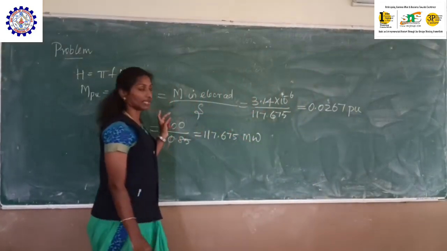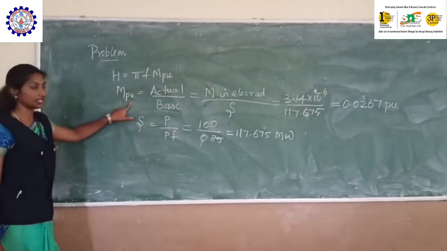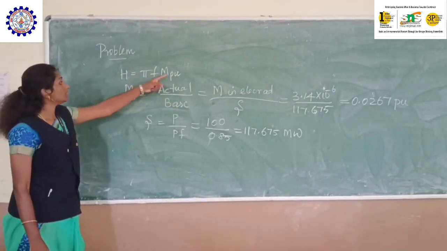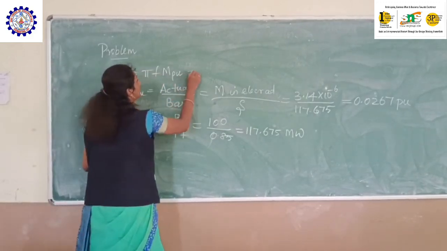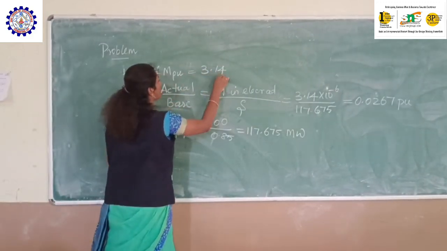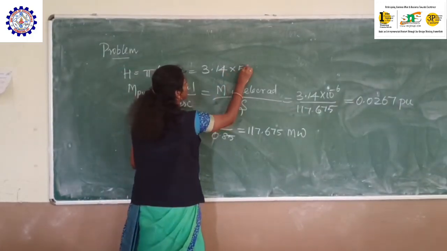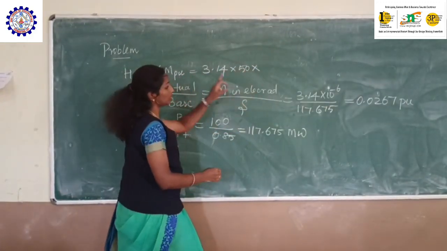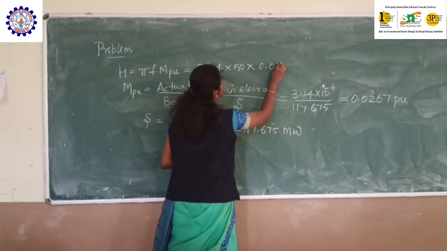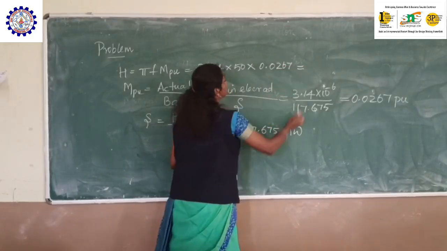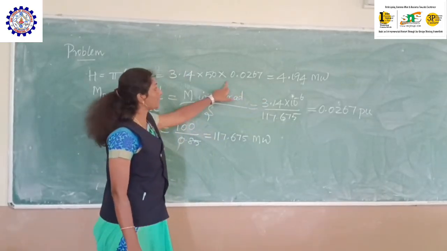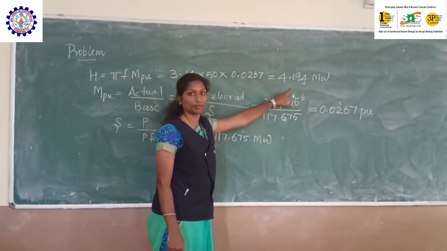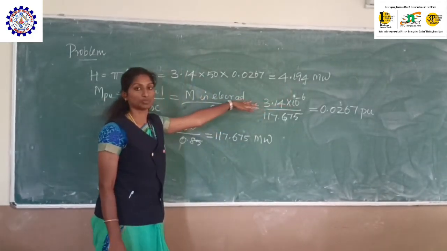So now we have calculated M per unit, and this M per unit can be used to calculate the inertia constant. So we substitute 3.14 into f, which is 50, into M per unit, which is 0.026. When we multiply all these, we get a value of 4.194, which is what was to be determined.